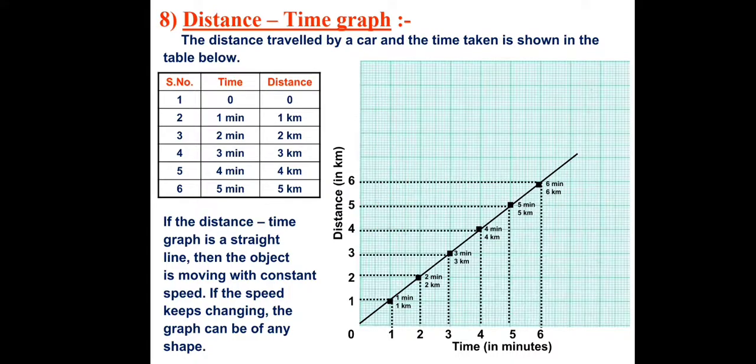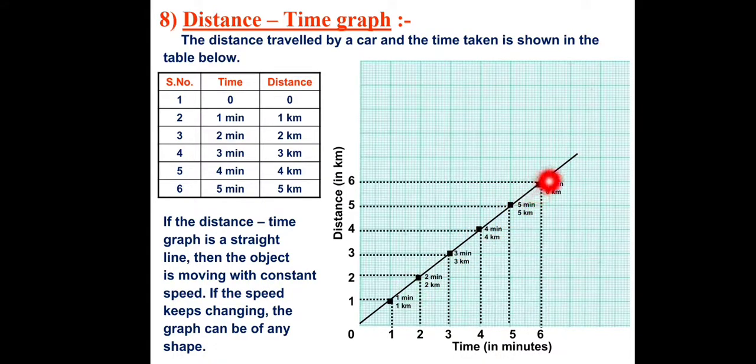Okay, so by plotting this, in 1 minute it is covering a distance of 1 kilometer. In 2 minutes, it is covering a distance of 2 kilometer. In 3, it is covering 3 kilometer. In 4 minutes, it is covering 4 kilometer. So like this, when we join these points, we get a straight line.